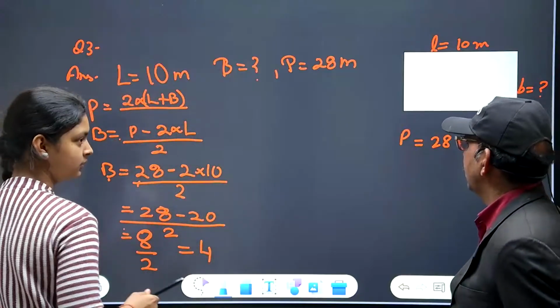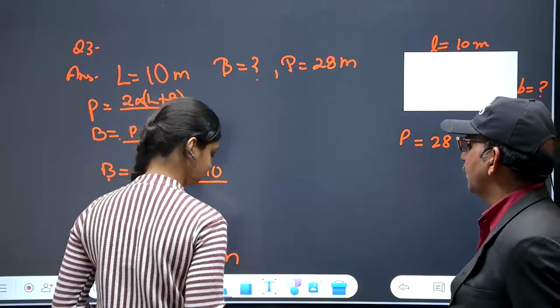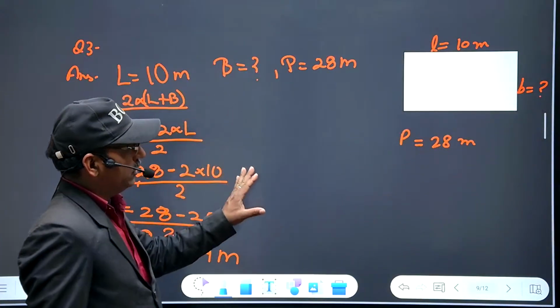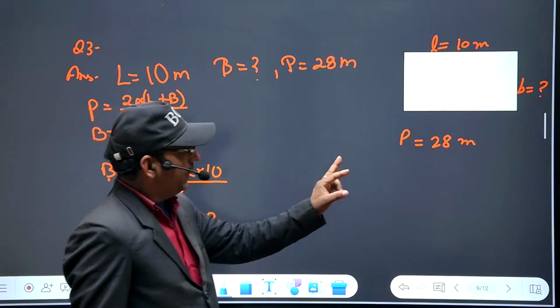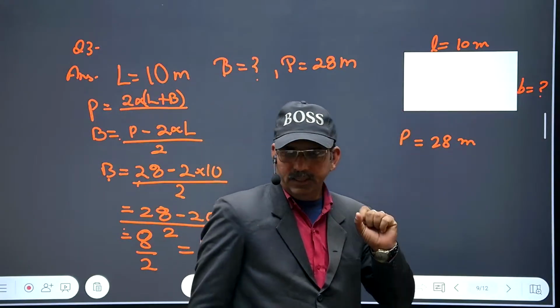Right. Write the unit m, meter. Okay. Thank you, beta. So by this process, you can find out the breadth if perimeter and length are given of a rectangle.